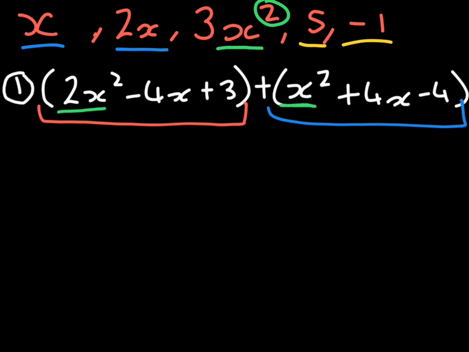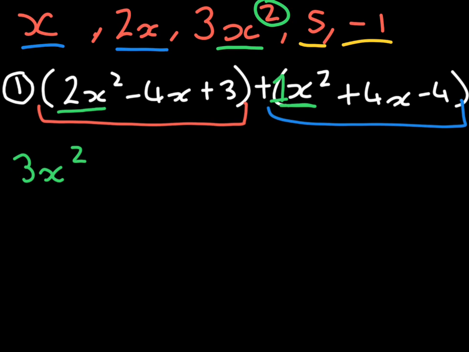So we can add these two together. Remember that x squared and 2x squared are like terms because of the variable x squared. So also remember that there is an invisible 1 in front of the x squared. So 2x squared plus x squared will give us 3x squared.